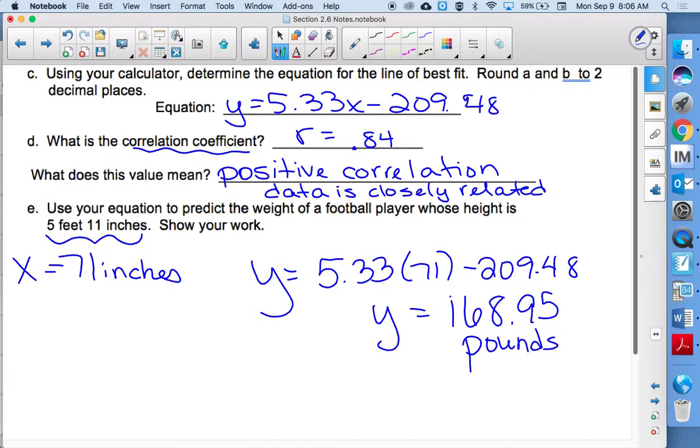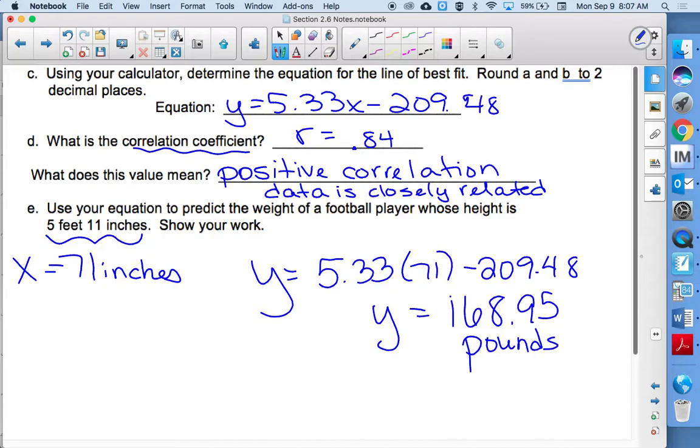Somebody on the team might be 71 inches tall, which they are, and weigh 155 pounds. This number represents the average person that would be 71 inches. So on average, a person that's 71 inches would weigh 160.95 pounds. So this is our average information, not the person on the team.